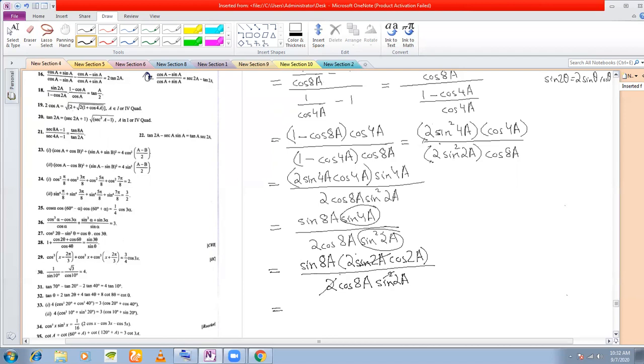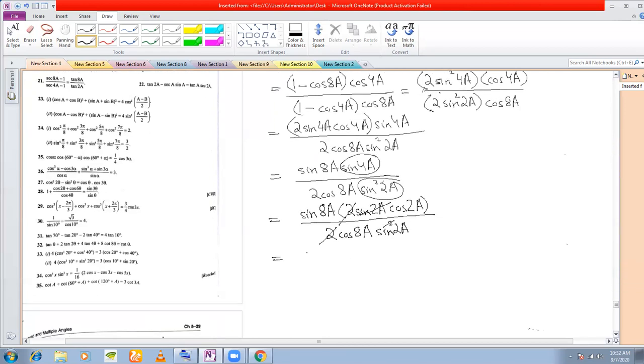You see that this 2 and this 2 also cancel. So what are you left with here? You are left with sine 8a divided by cos 8a. Okay, and here what are you left with? Cos 2a in the numerator, and in the denominator you have sine 2a.